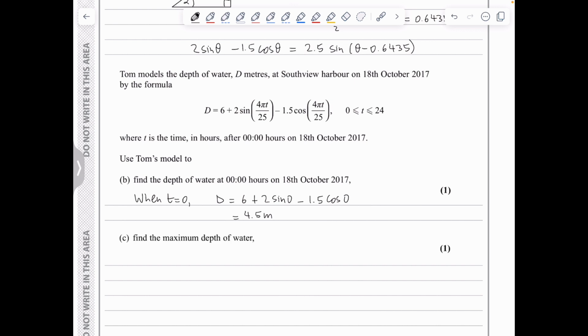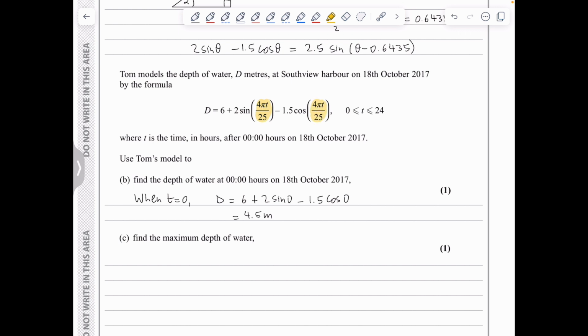And in part C, we need to find the maximum depth of water. Now, there is a clear connection with part A. In part A, we have expressed 2 sine theta minus 1.5 cos theta as a single sine. So we've got the same structure here, the 2 sine 4 pi t over 25 minus 1.5 cos 4 pi t over 25.